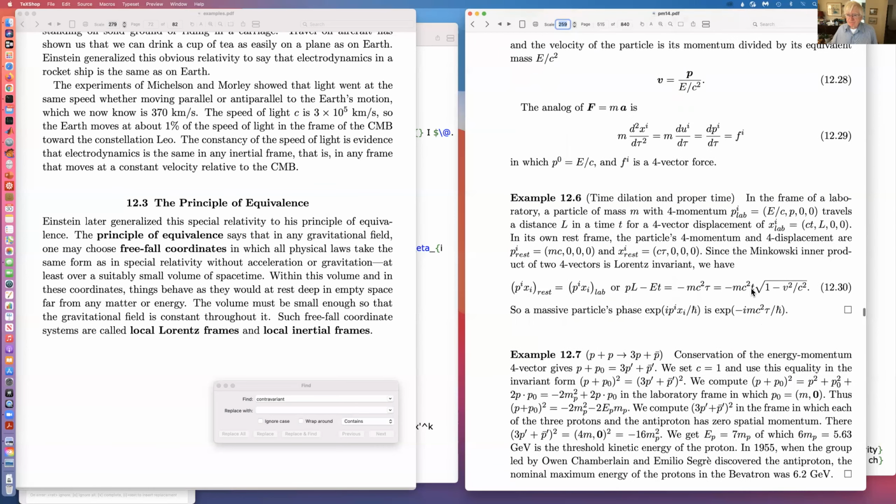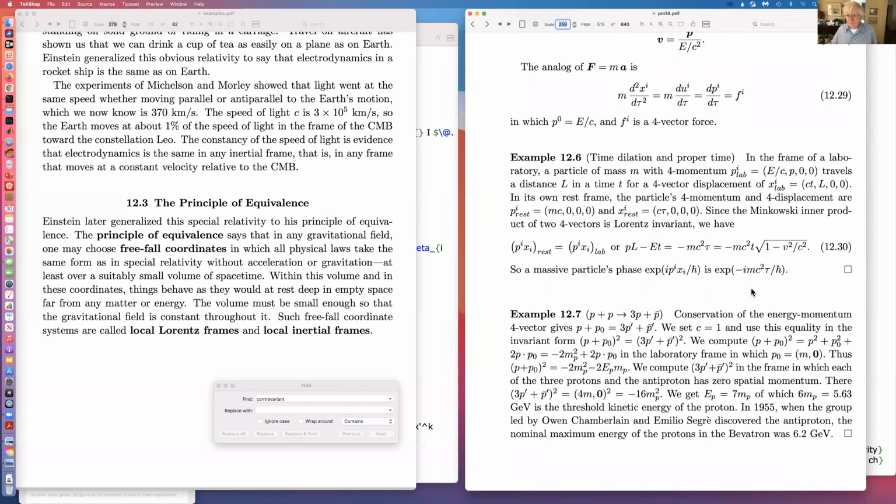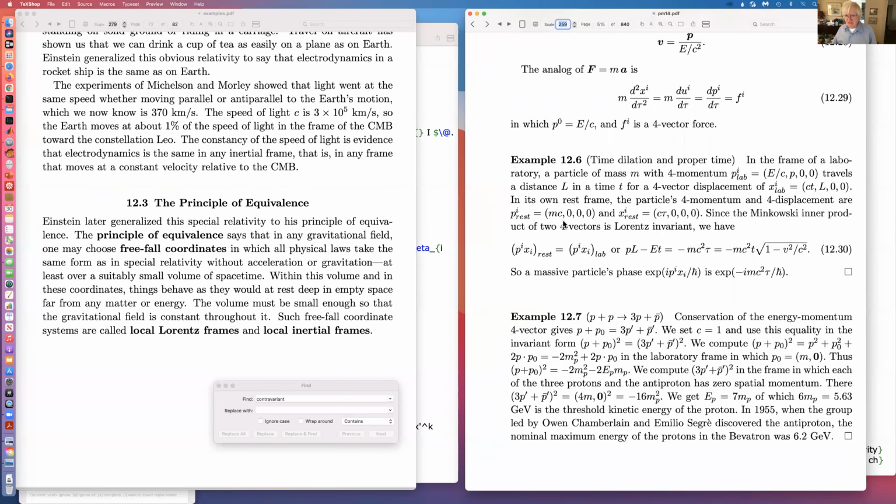So what about time dilation and proper time? Here, if you have a particle of mass m, four momentum p lab, it travels a distance L in time t, the displacement is that. In its own rest frame, the particle's four momentum and displacement are just this and that.